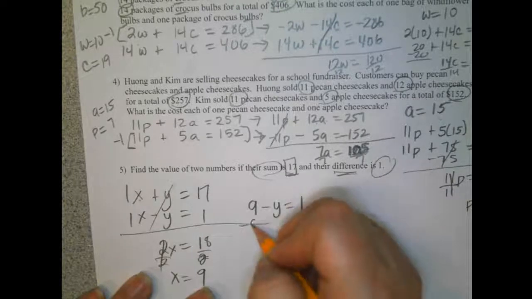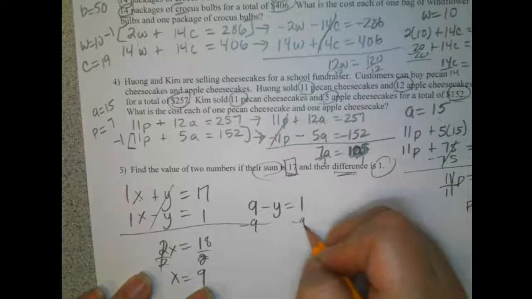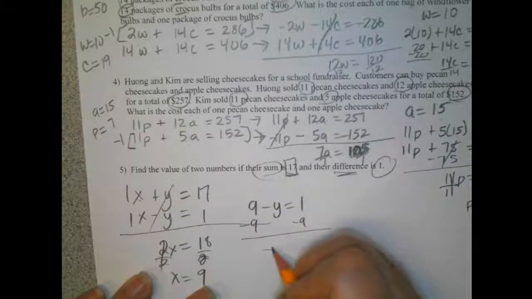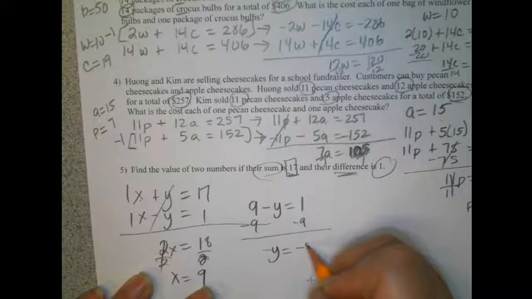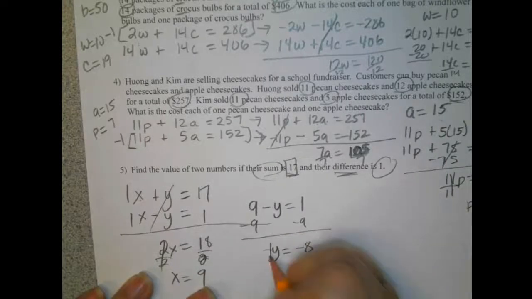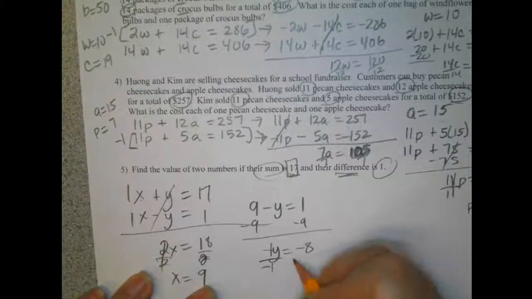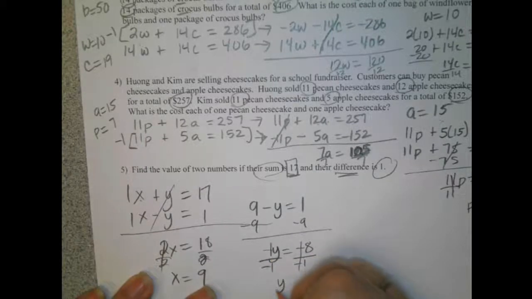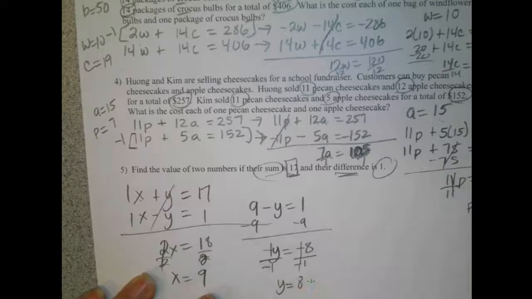So I'm going to subtract 9 and subtract 9. I could have added it to the top number too. Now I have negative y is equal to negative 8. There's a 1 there, so I'm going to divide by a negative 1 so I get a positive answer. Those become positive. y is equal to 8.